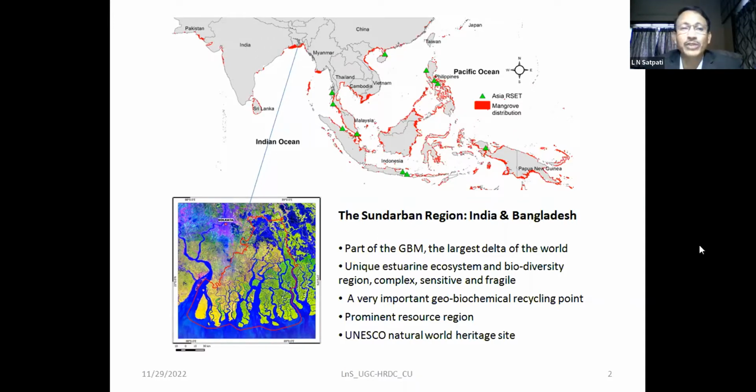But if the pollution load is more, definitely it cannot recycle. So in that way, for the sludge materials or the aquatic biogeochemicals, it is a recycling point.